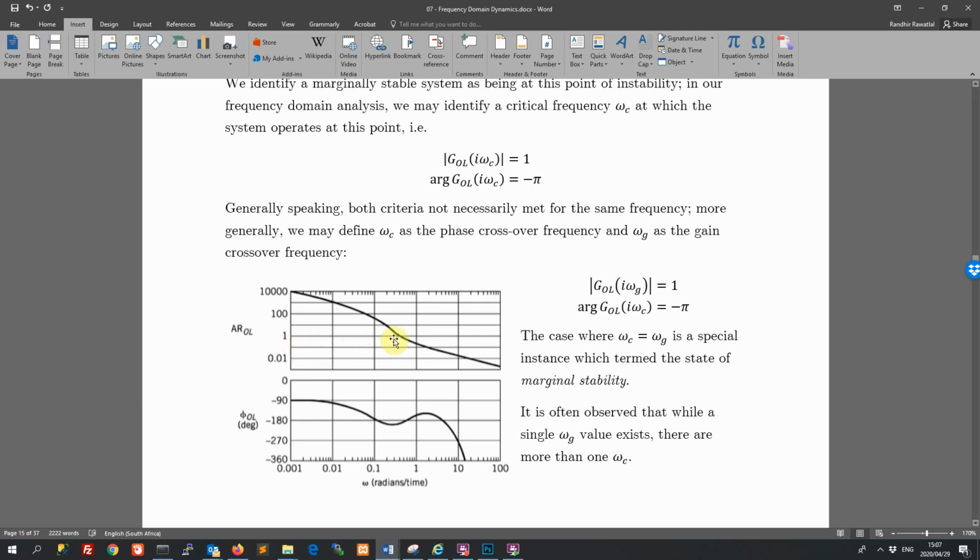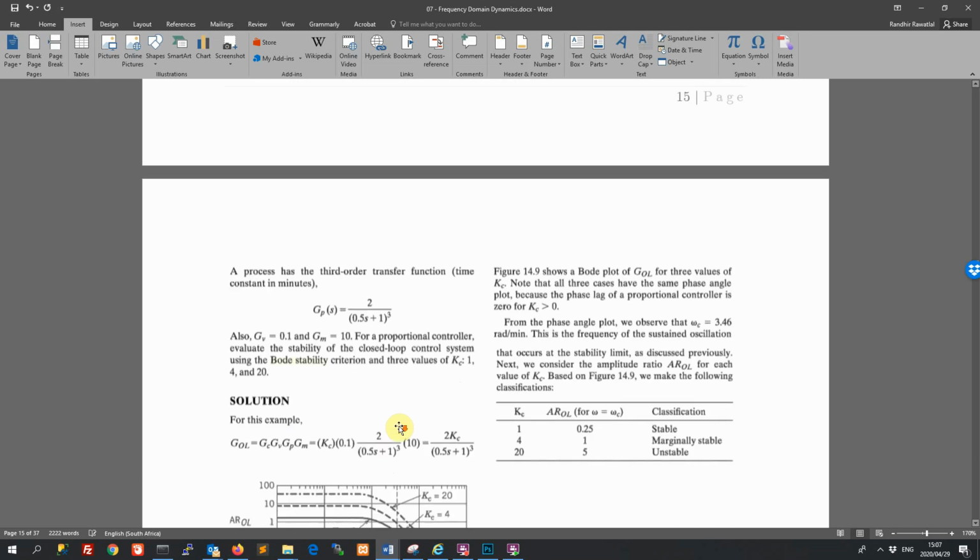So if we look here for the 1, at this frequency we are a little worried. Then if we look at the angle, yes, we are close to -180. So it looks like this function is passing fairly close to that point of potential instability.